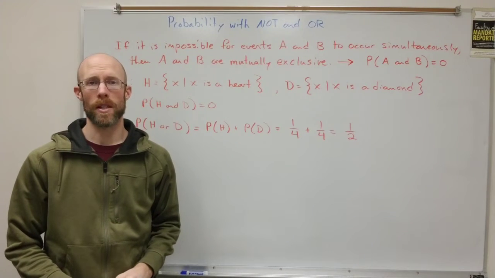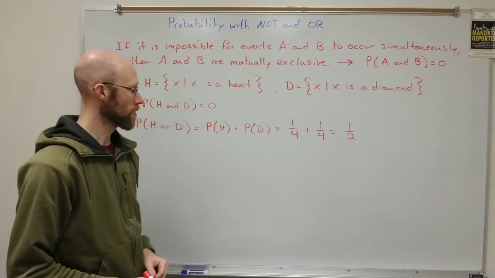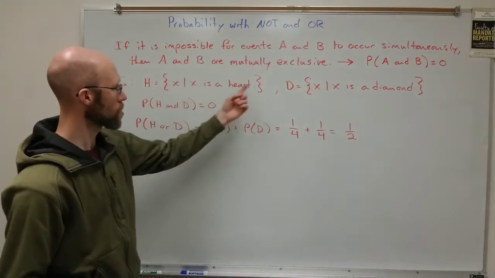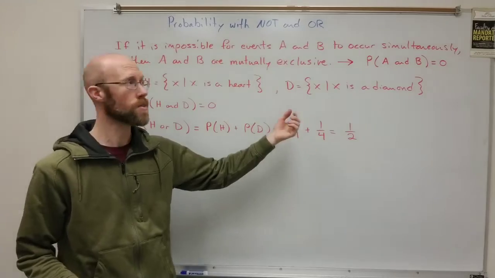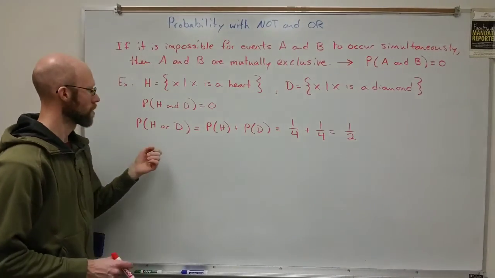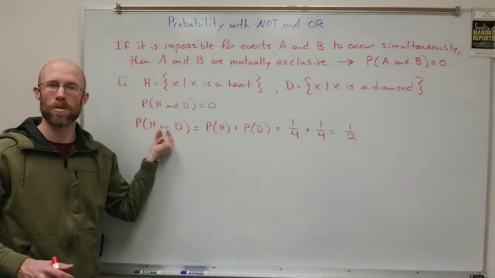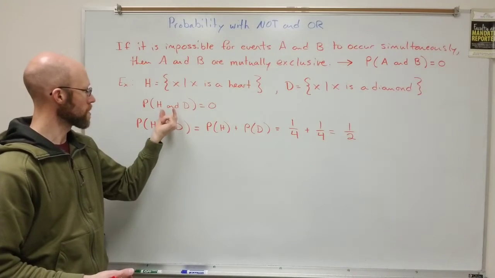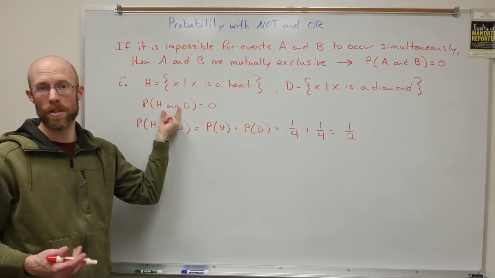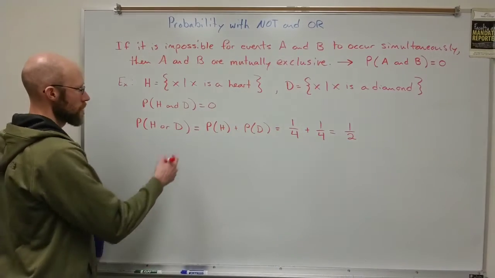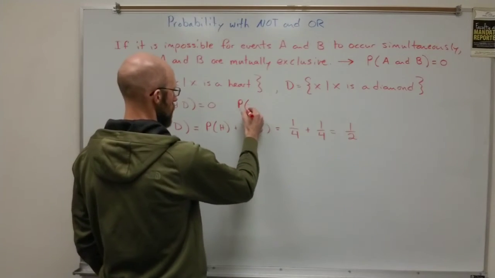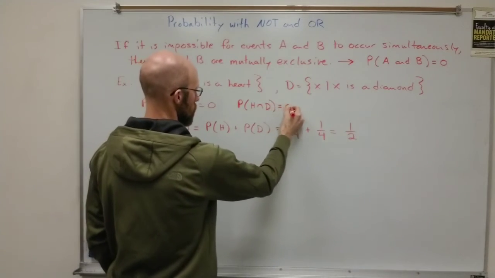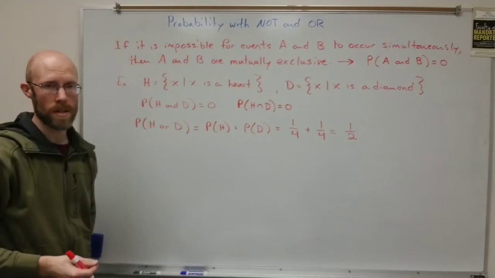Now we can also look at that in terms of set theory or set notation, right? Because H and D are sets, and ors correspond to a union, whereas ands correspond to an intersection. And so we could say that the probability of H intersect D is equal to 0 for mutually exclusive events.